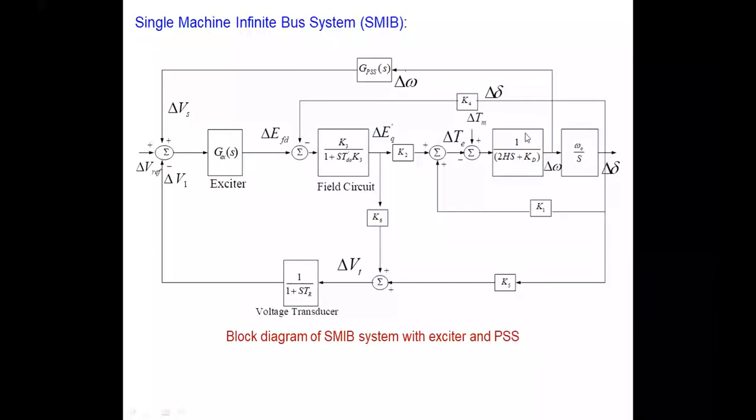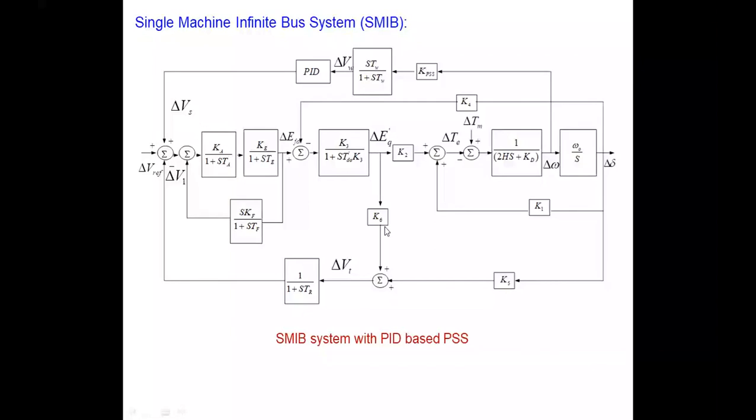So as I said, this is your inertia model. Then you have the field circuit, dial prime, and then this could be your exciter. It could be simple exciter or the detail model. And then you have the voltage transducer part and then your PSS part here. So that could be the complete SMIB system for the analysis here.